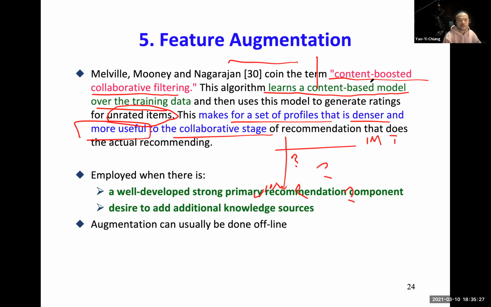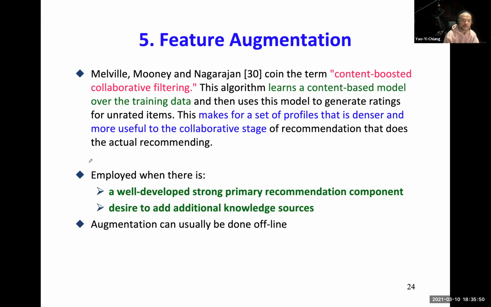The first content-based system will help you to impute or predict some of these values so that you will not have that much missing data. This way, your original matrix is augmented with all these predictions. Then you can use a collaborative filtering method on the augmented data.